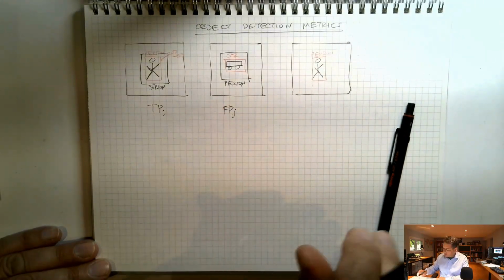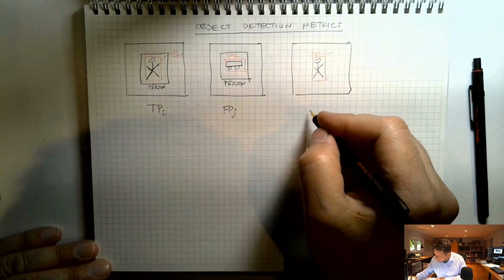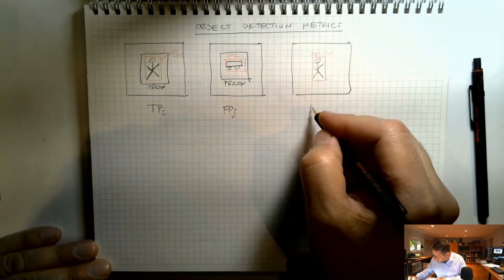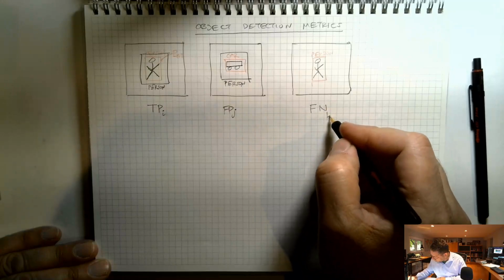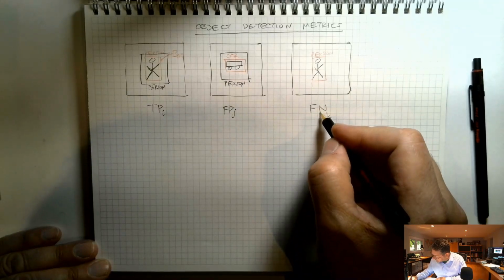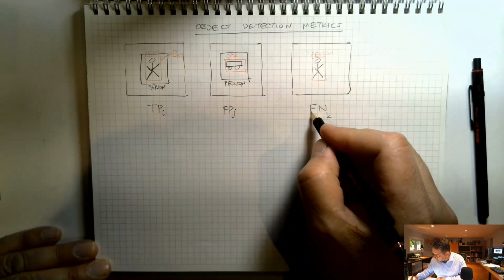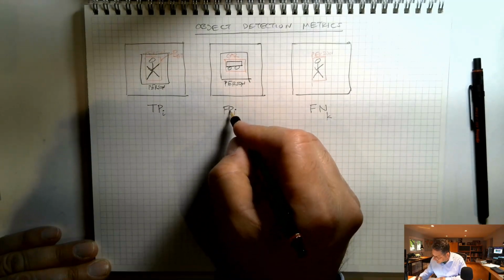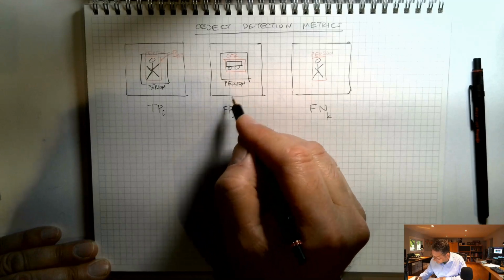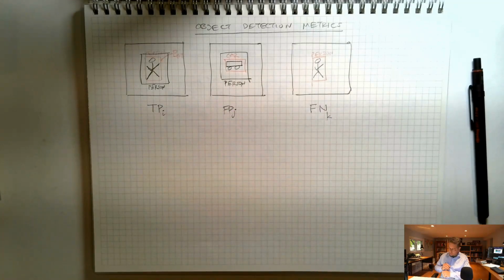However, I have absolutely no detection event, and this will become a false negative, because I'm predicting negative and I'm wrong. In the previous case, I'm predicting positive, but for a different class, so I'm also wrong. That's the false positive.